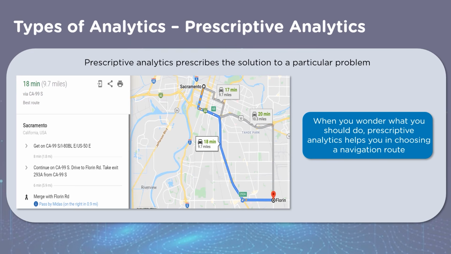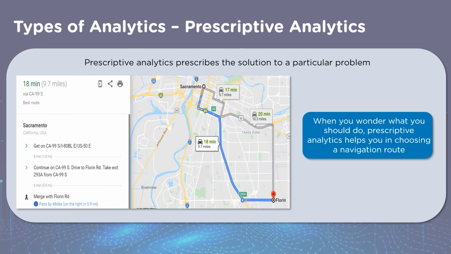These substitute routes are also prescribed by Google Maps as a recommendation. So prescriptive analytics is nothing but a solution and a recommendation provided for a problem. So in this case, we have the best route and we also have other substitute routes.